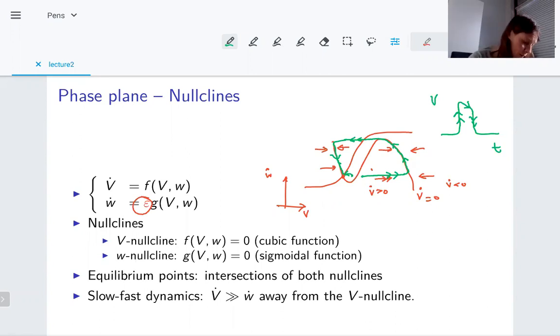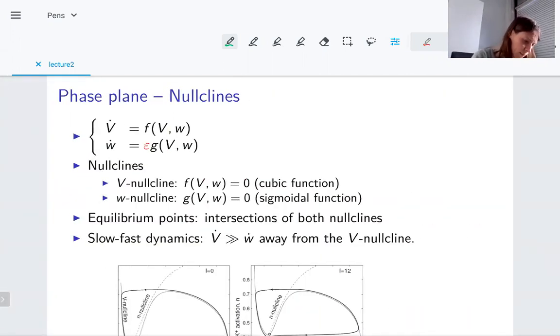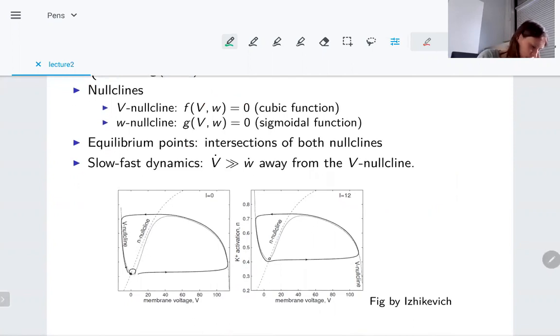When the equilibrium point becomes unstable, so here I think I put a plot. So this is what happens when the equilibrium point is stable. This is the intersection of two nullclines. We have this fast dynamics that pushes us here, and then we move slowly along the slow manifold and then back to the resting state. But if this equilibrium point now is unstable, what emerges here is a periodic orbit that also has this shape.